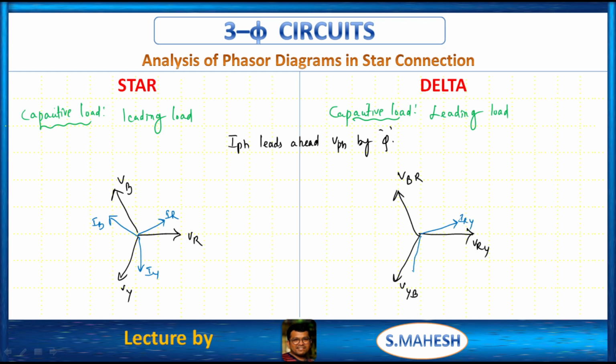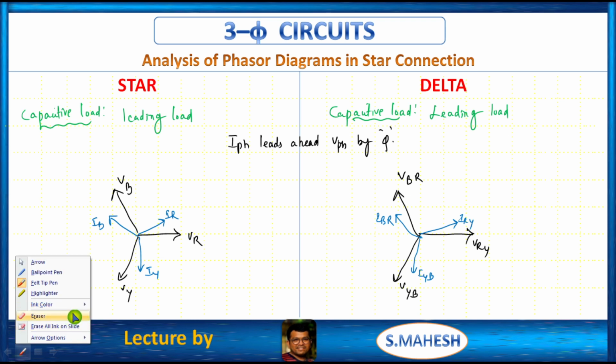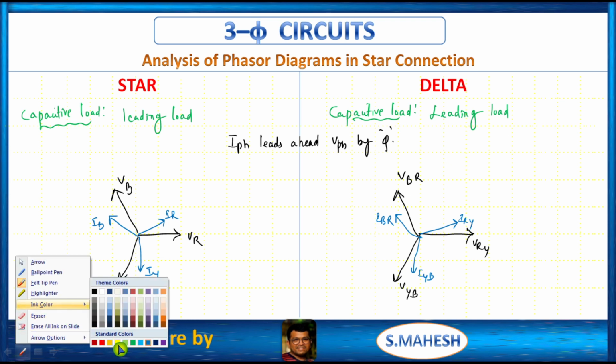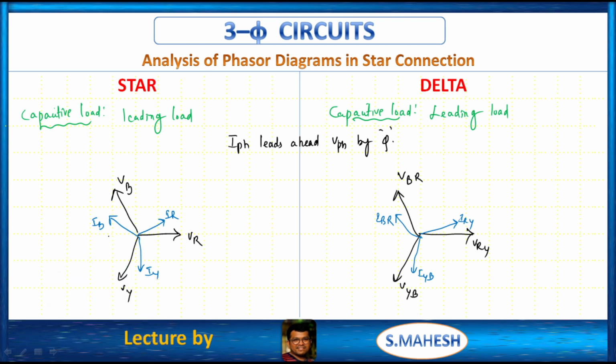In this case also IRY, IYB, and that's it. Then to get VRY, VR minus Vy, right? VR minus Vy. So we will get the result. In this also we have negative projections like this.